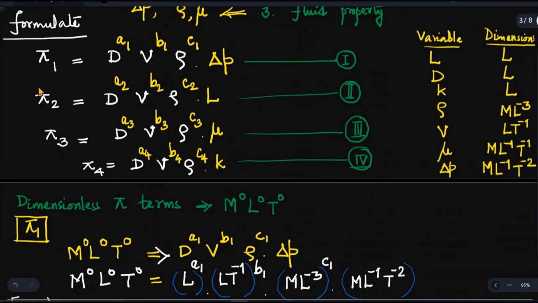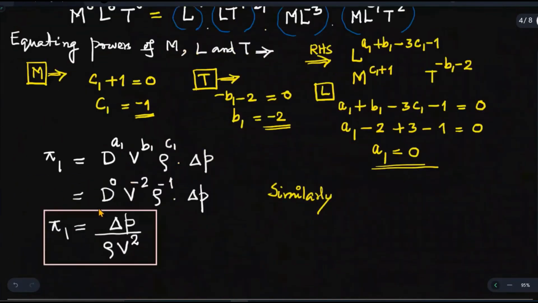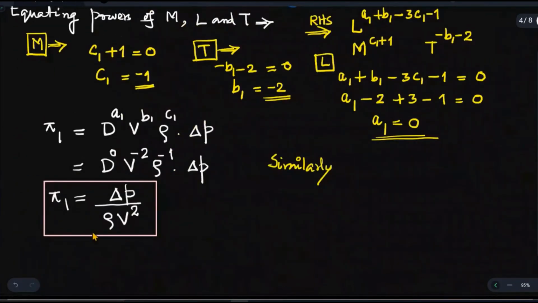Pi 2 is dimensionless, so m raised to 0, l raised to 0, t raised to 0. Then d raised to a2, d has the dimension l, so l raised to a2. Then v has the dimension l t raised to minus 1, whole raised to b2. Then rho has the dimension m l raised to minus 3, whole raised to c2. Then into l, l has the dimension l itself. So after writing down the dimensions of the various variables in this formulated pi term, you equate the powers of m, l and t, just as we have done in the case of the first pi term.